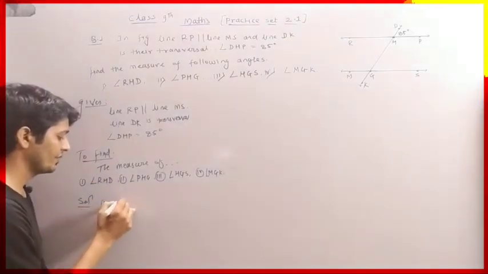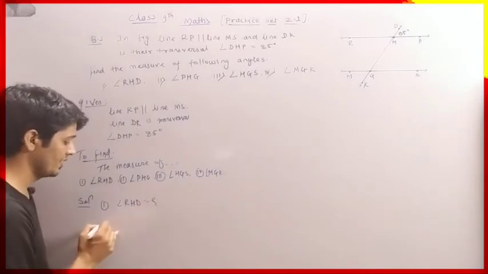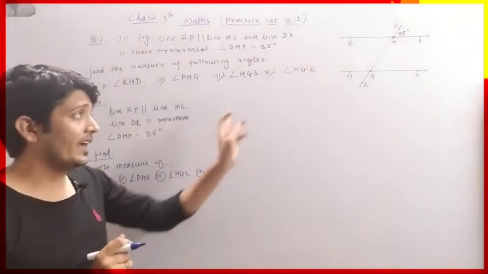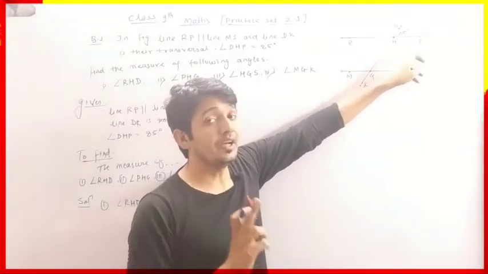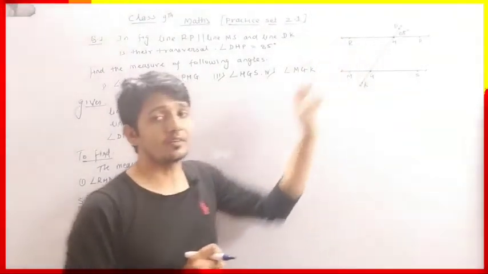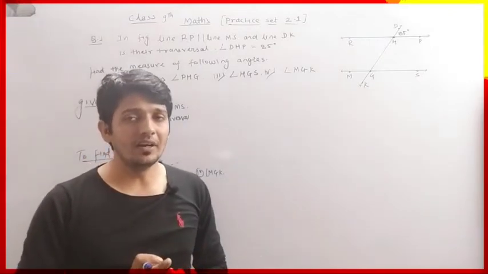So first, angle RHD equals question mark. So we can write here that angle DHP and angle DHR are a linear pair of angles.